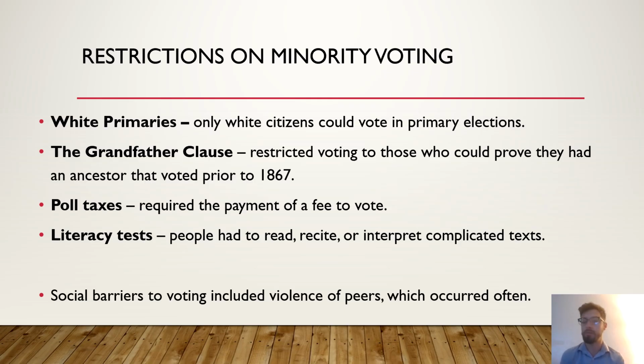Of course, this would be a tool utilized in later decades to restrict these individuals from voting, as people had to read and recite oftentimes highly complicated texts that were, again, only given to African American individuals. Some studies have indicated that many white Southern voters would not have been able to pass these literacy tests, which were not brought forward to them.